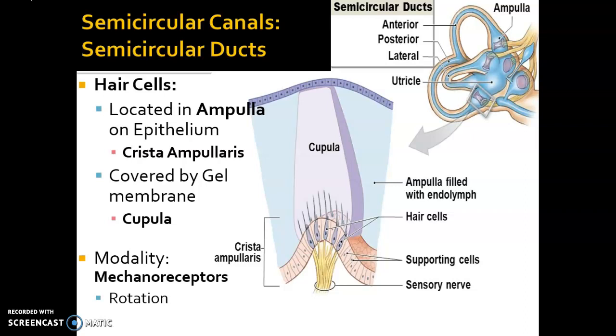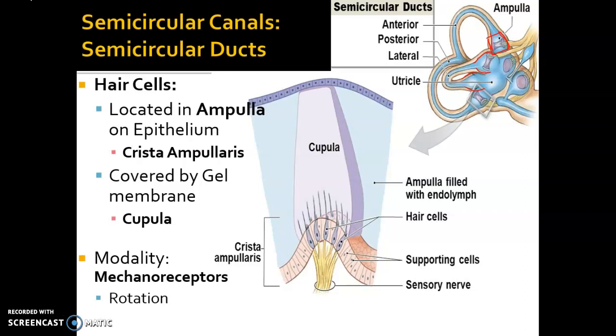Now, at the base of the semicircular duct right here, do you see the swollen region? These swollen regions are called ampulla. What are they called? Ampulla. And I want you to focus within each ampulla. Let's say this one. If you focus inside the ampulla, do you see there is a barrel-like structure? That barrel-like structure is called cristae ampullaris.